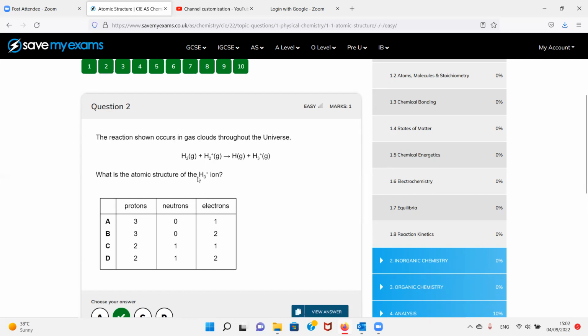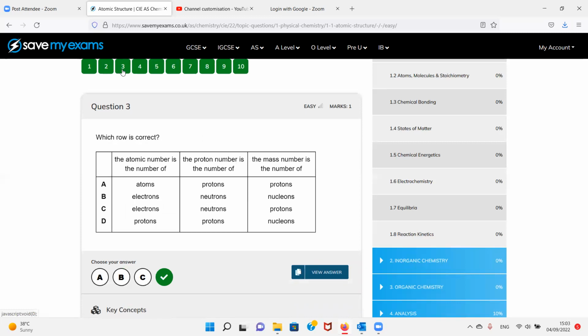Here, note that we have three hydrogens, and these three hydrogens mean we have three protons, and we should have three electrons, but the electrons here are 2 because one electron has been lost. So basically, the correct answer is B, because you have three protons and 2 electrons and 0 neutrons.